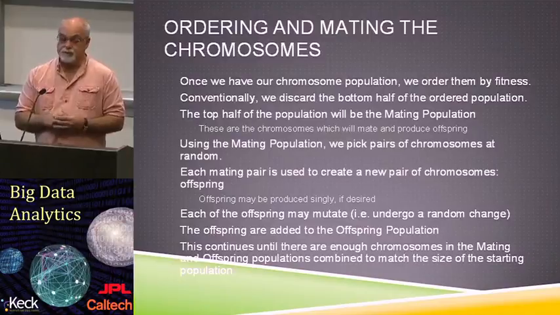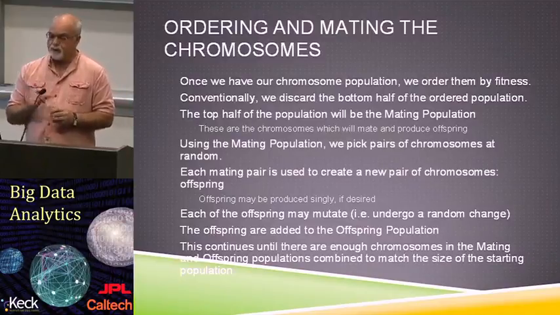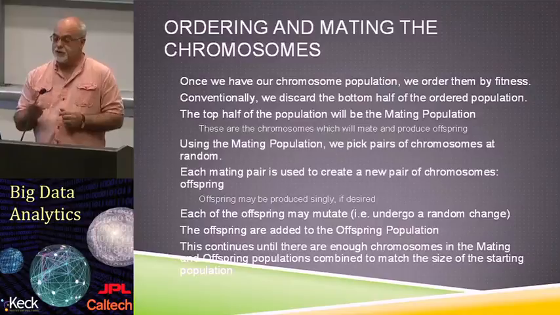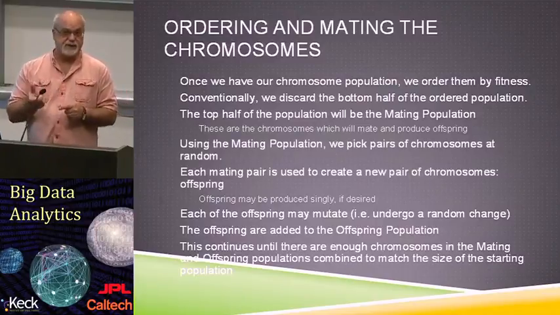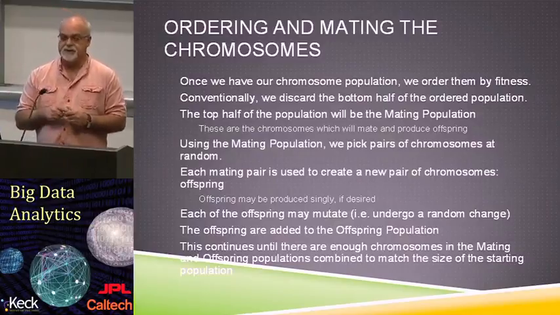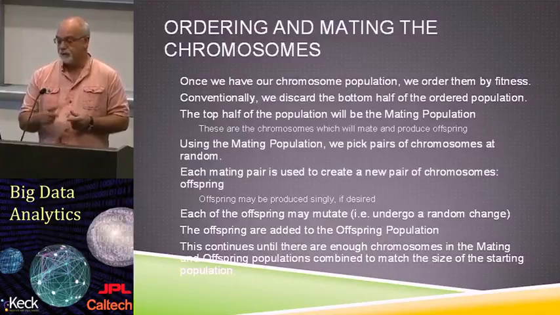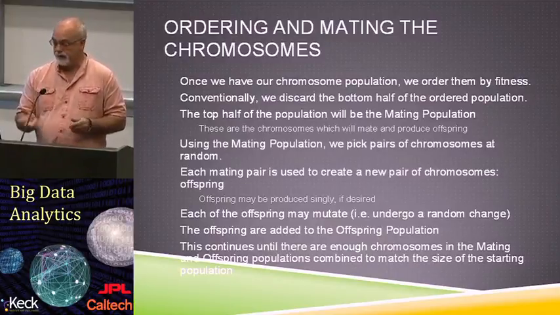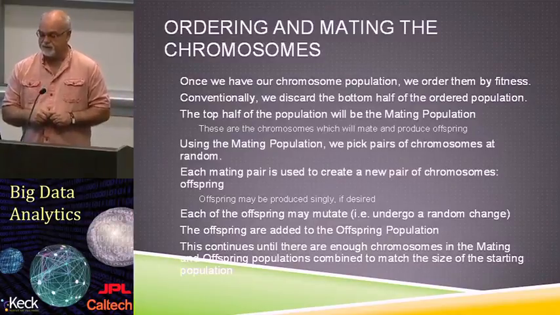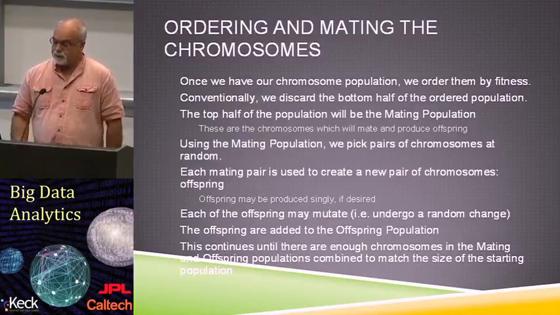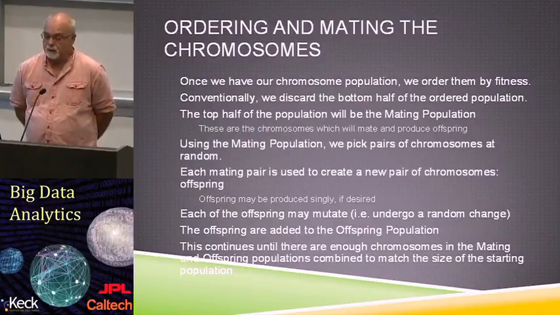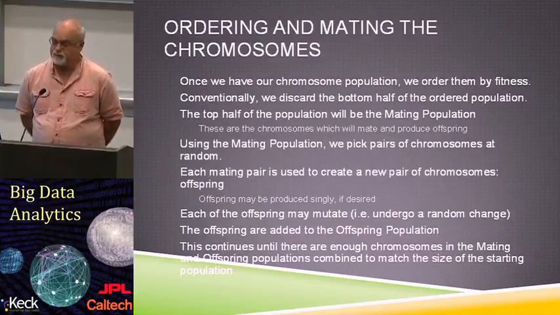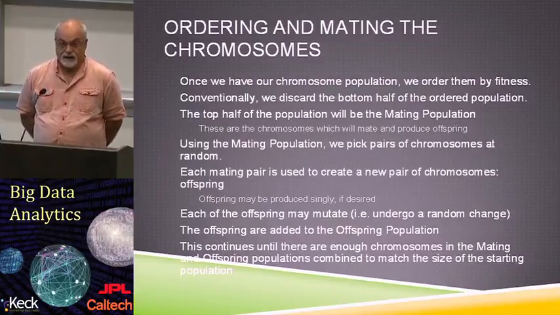So we pick pairs of chromosomes at random. With each mating pair, we create a new pair of chromosome offspring from those parents. We don't need to create a pair, but it turns out that it's convenient and elegant to create two from one set of parents. You could equally create one, or you could create three or more. After we've created the offspring, we may mutate each one of them, and we decide whether to mutate the offspring by picking a random number.